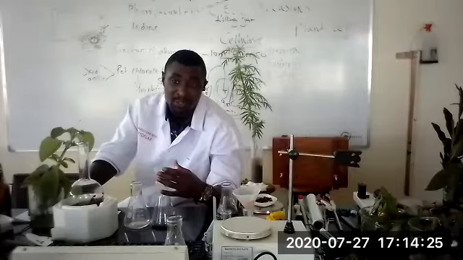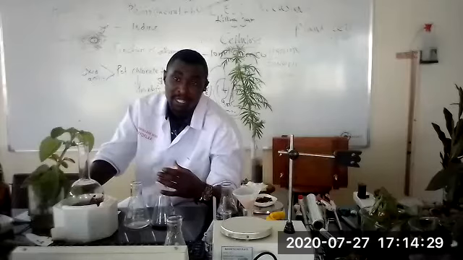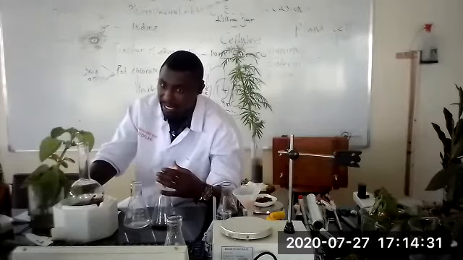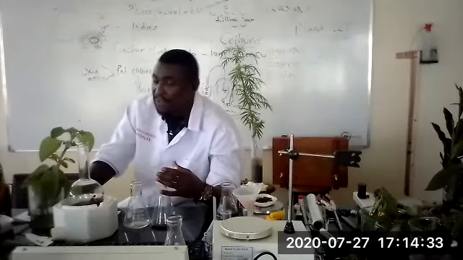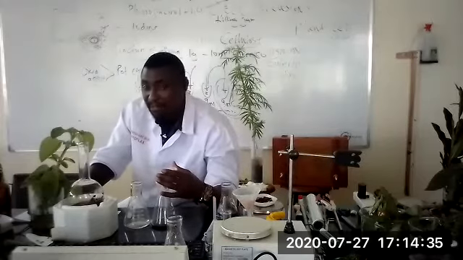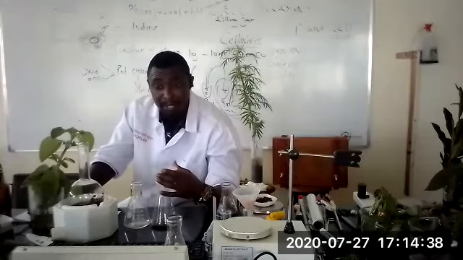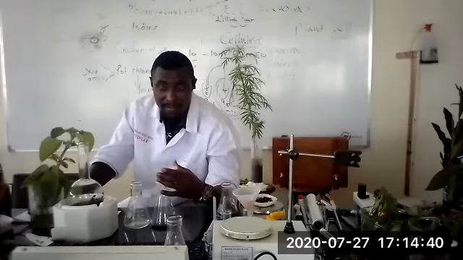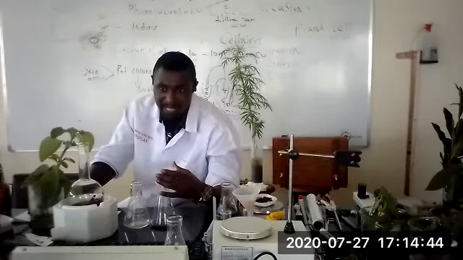We are going to use an equipment called a rotary vacuum evaporator. Rotary vacuum evaporator is the one which will be used in the next process to get an extract.